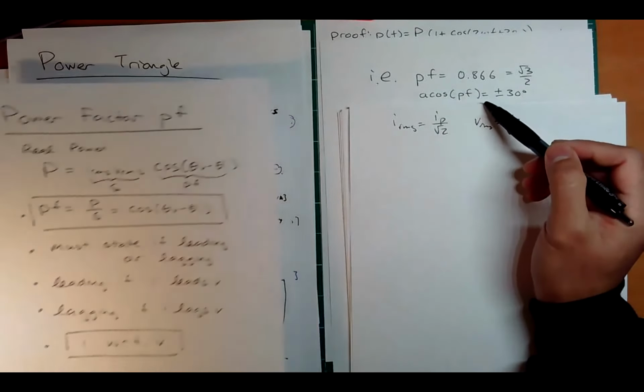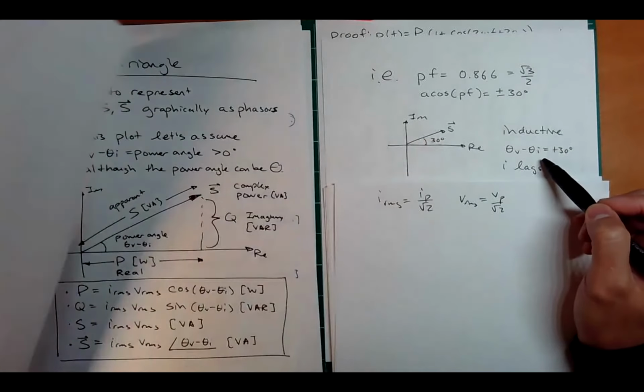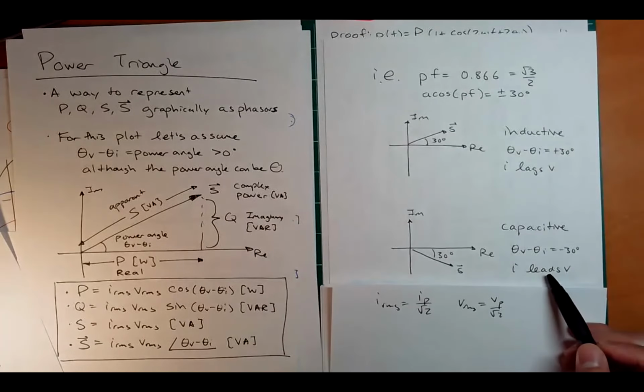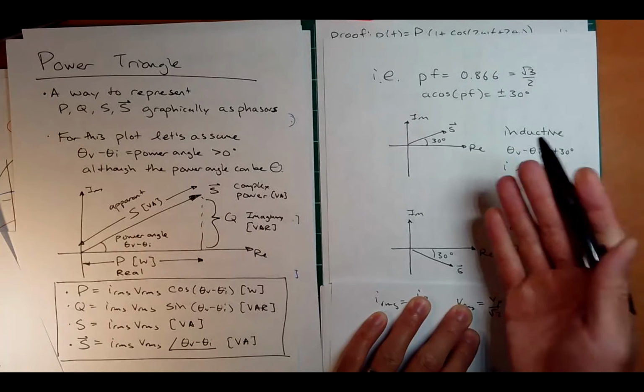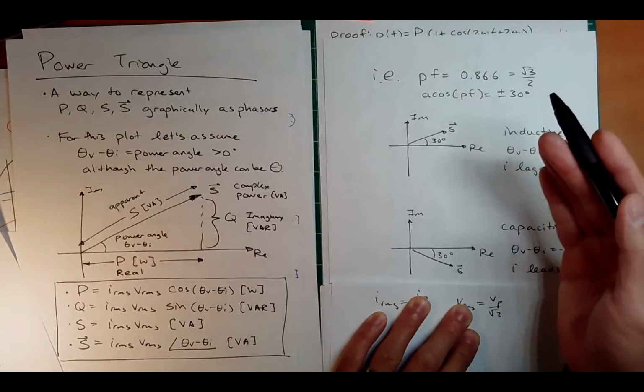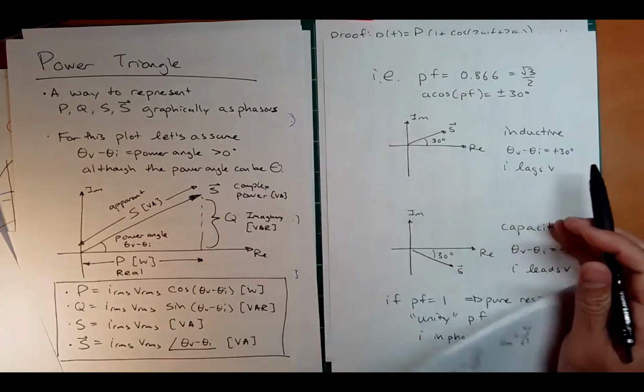We don't know, all right? So you have kind of two options. You have the inductive version where you're pointing up, kind of like how we've drawn. And you have the negative version, which is capacitive, right? So here theta V minus theta I is positive 30 degrees, where we're lagging, and here's where it's leading. Can you see now why, if you give a power factor number, you have to say leading or lagging? Because you just don't know.